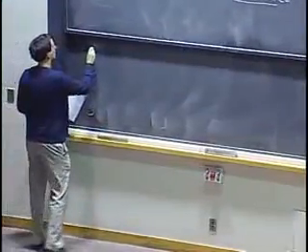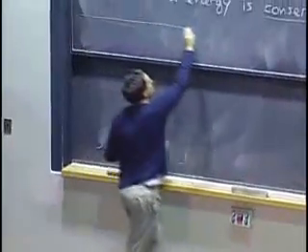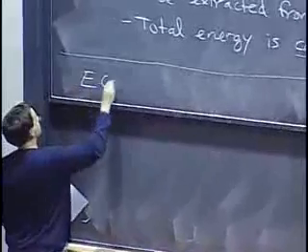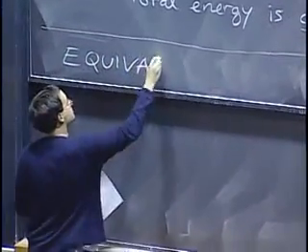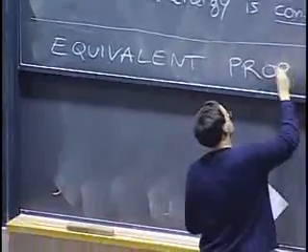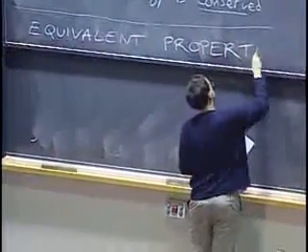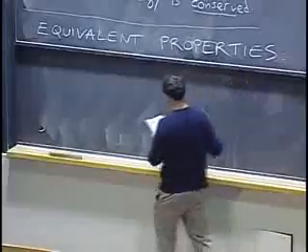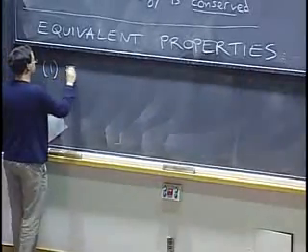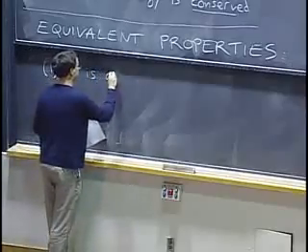Okay, so let's end with a recap of various equivalent properties. The first property that I will have for a vector field is that it's conservative.